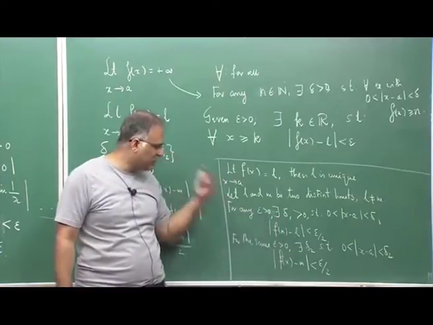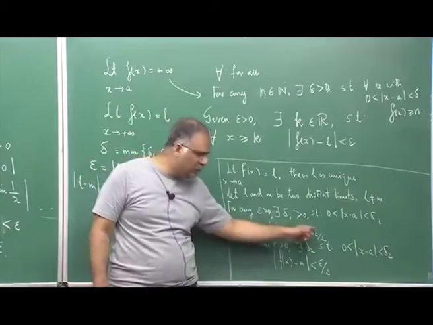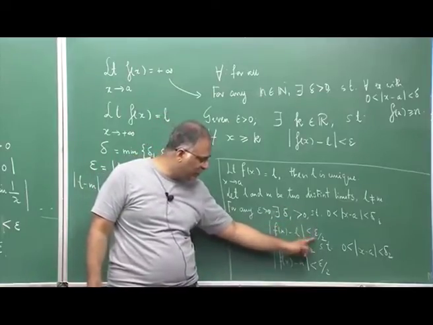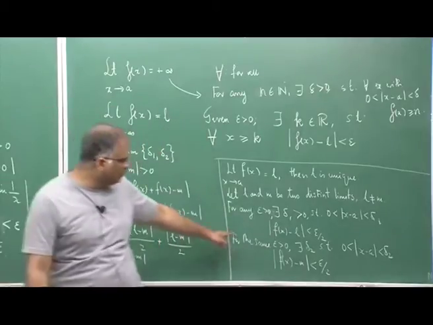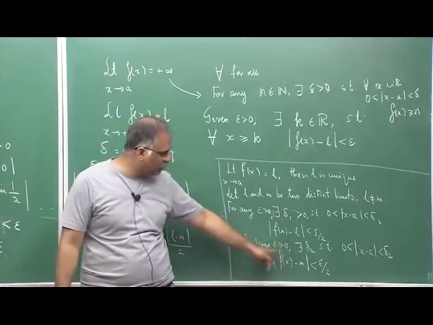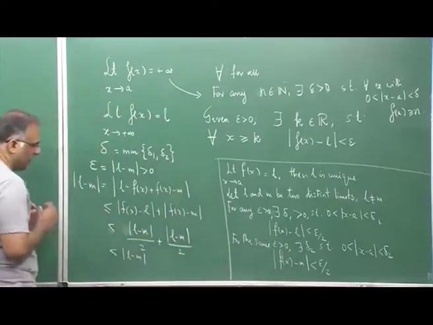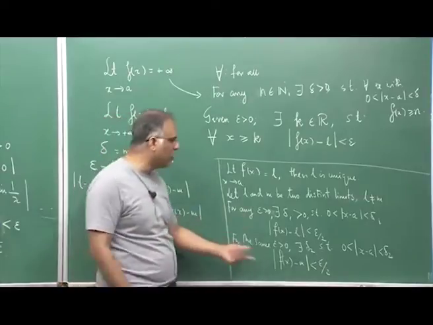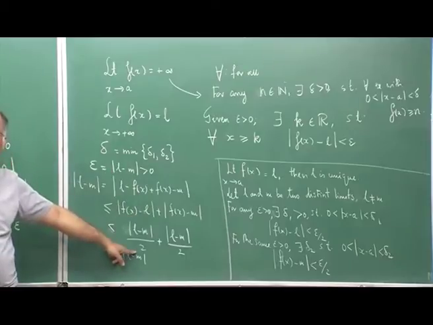So, if I put epsilon as |L - M|, there exists a delta 1 for which this will happen with |L - M| by 2. The same thing will happen here: if I put epsilon equal to |L - M|, there will be a delta 2. The delta that will work for both of them would be the common delta, the minimum of delta 1 and delta 2, and for all such x's this is true.